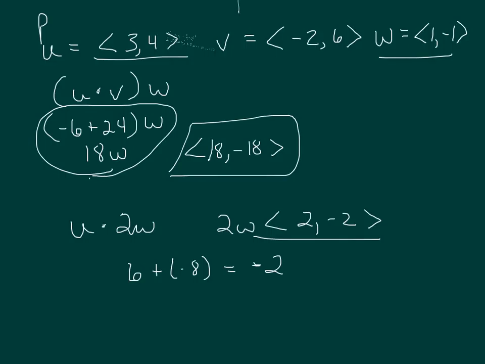All right, remember the dot product of a vector with itself is equal to the magnitude of the vector squared. So if I said that the dot product of u with itself is equal to 7, what is the magnitude of u?